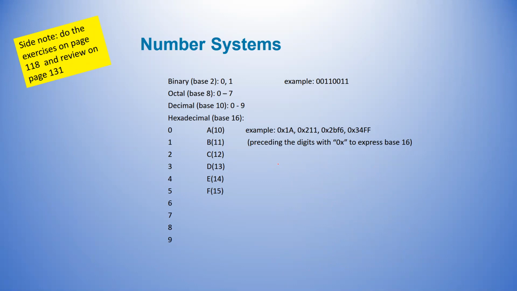Okay, so binary is, if you have these digits, this would be 2 to the 0th, 2 to the 1st, 2 to the 2nd, 2 to the 3rd, 2 to the 4th, 2 to the 5th, 2 to the 6th, right? And 2 to the 7th, 2 to the 8th.